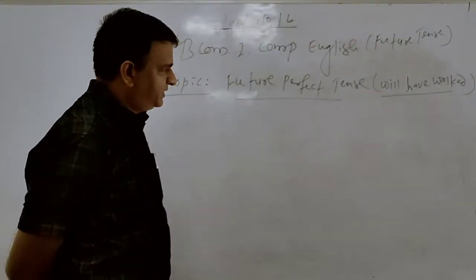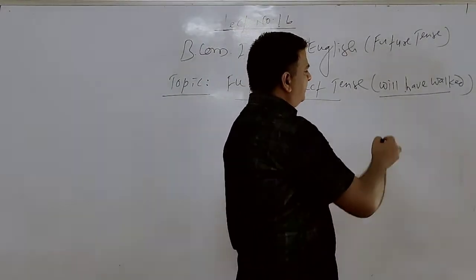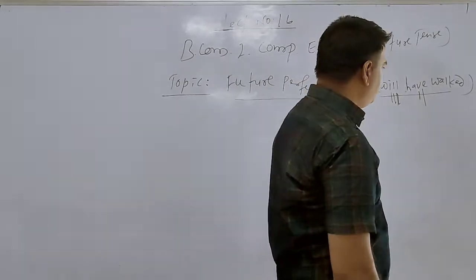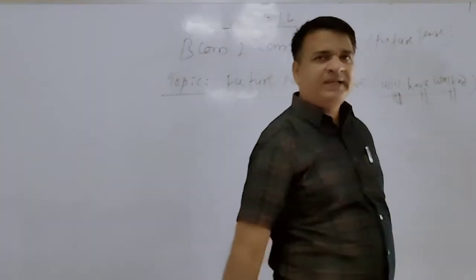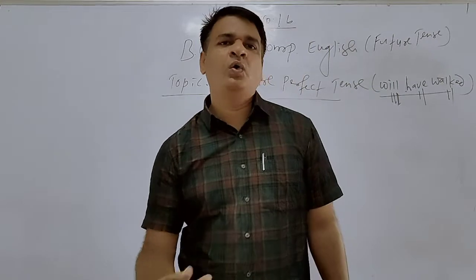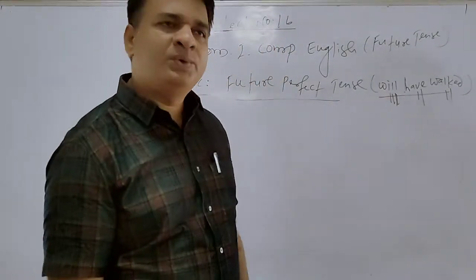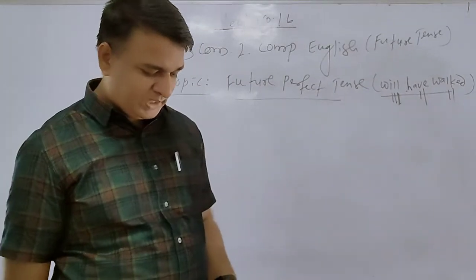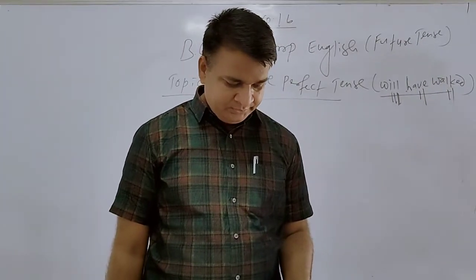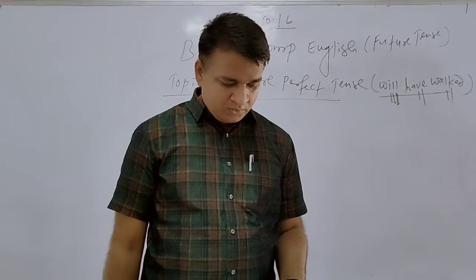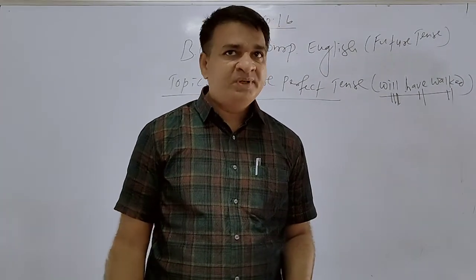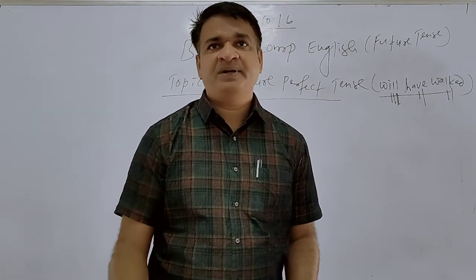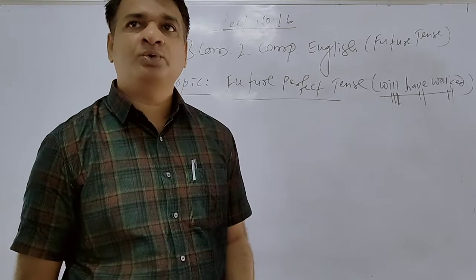Examples of this: shall plus have, the perfect form, and the past participle of the word. We have walked, we have talked, we have opened, we have completed. That way we will form some sentences. In the present perfect tense, the perfect tense gives detailed information about a completed action.